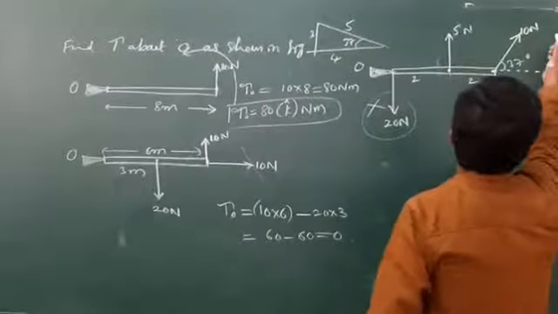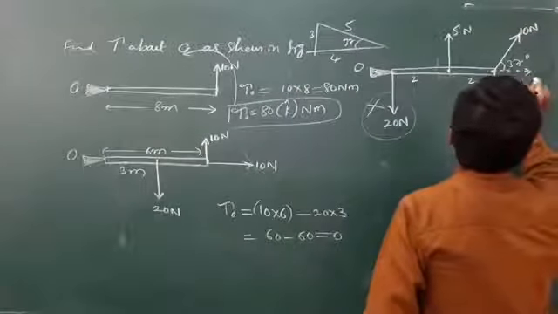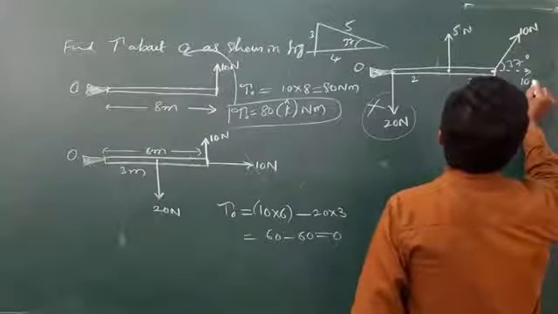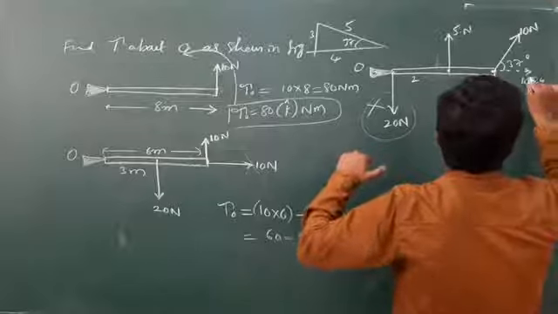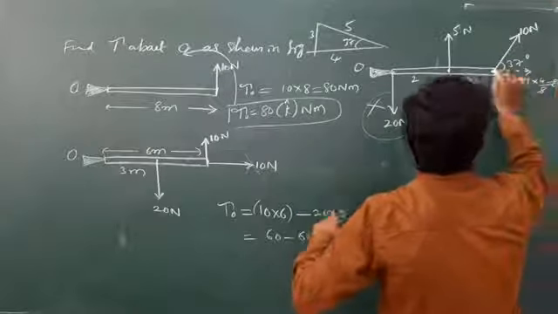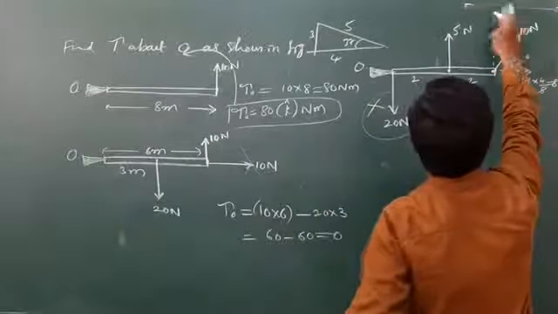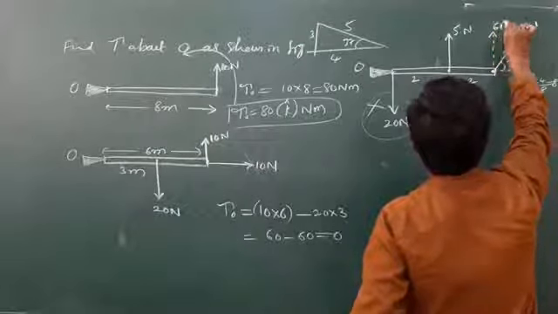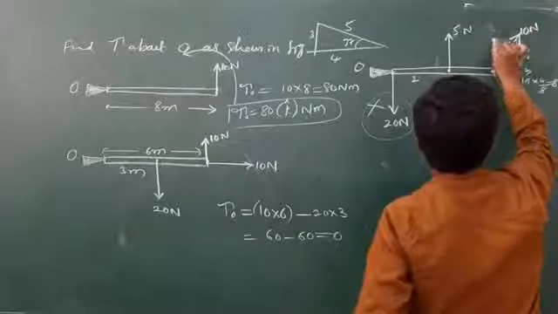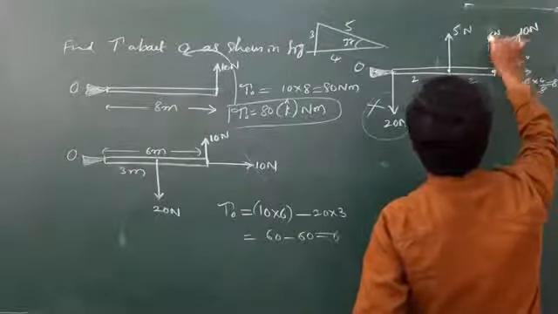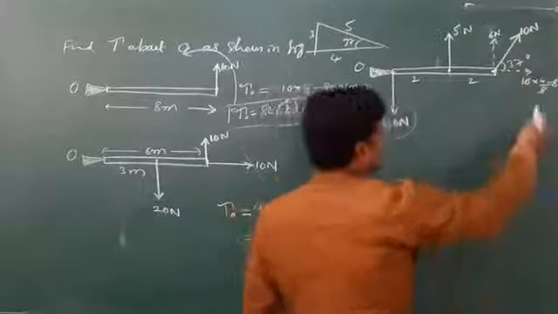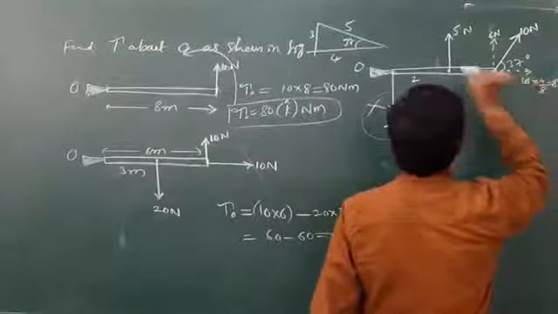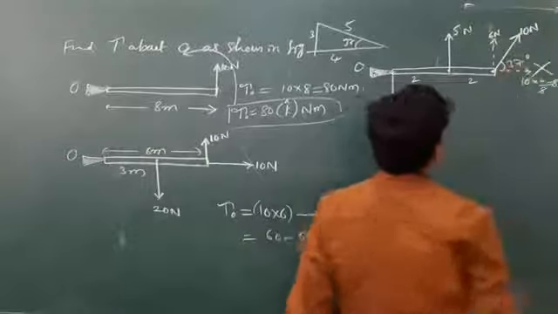So resolve this 10 into 2 components: 10 cos 37, which is 4 by 5, so 8; and 10 sin 37, which is 10 into 3 by 5, so 6. And this 8 Newton is along O, so it does not create any torque.